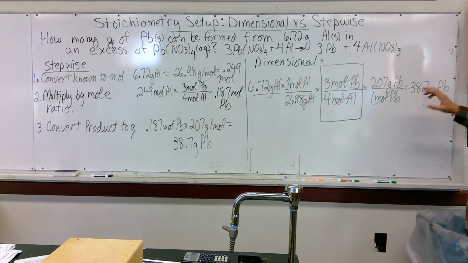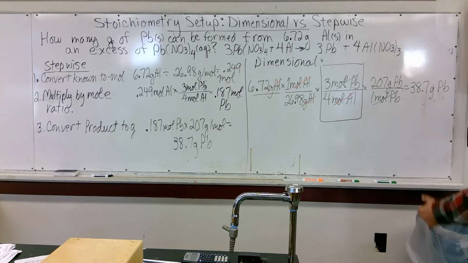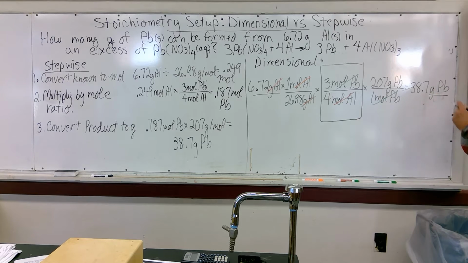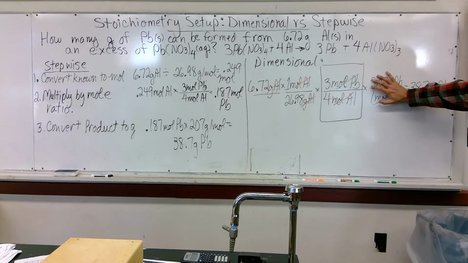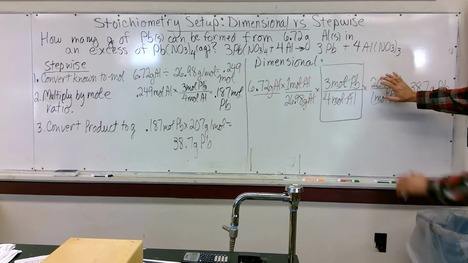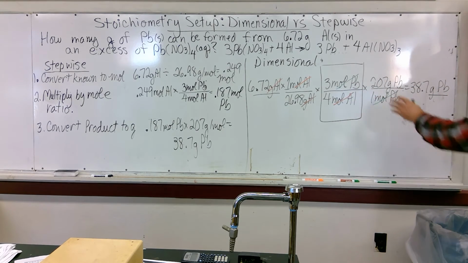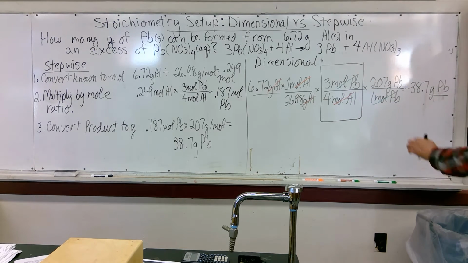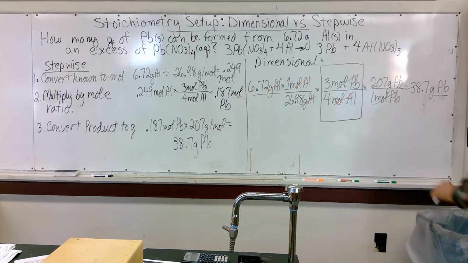Then on the other side, we see that if this answer is requested in grams and we stopped at this step, that wouldn't work because that gives it to us in moles. By making this a gram value by multiplying by the molar mass, we can solve the problem.